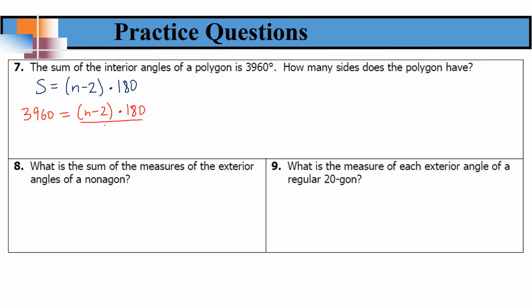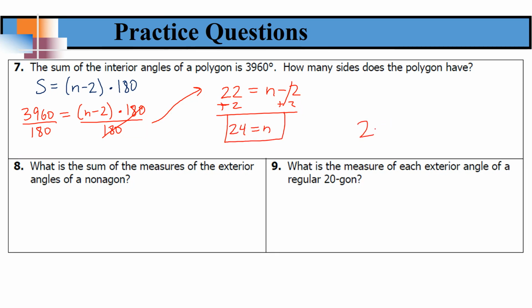Just like before, we're going to divide both sides of the equation by 180, but we're not going to stop there. When we divide them by 180, we'll be left with 22 is equal to n minus 2. To get n by itself, don't forget to add 2 to both sides. Often students forget that. And we find that n equals 24, which means that this polygon has 24 sides.